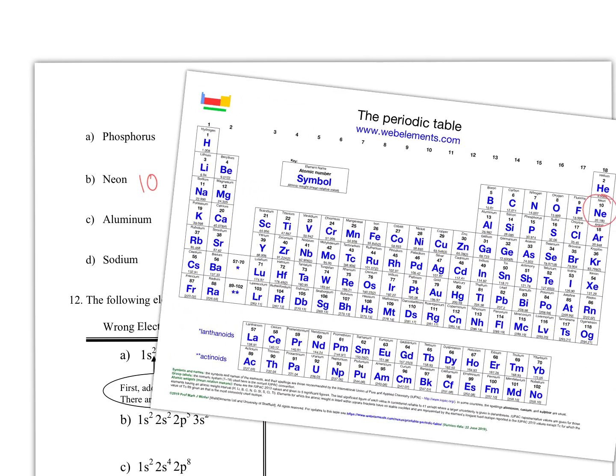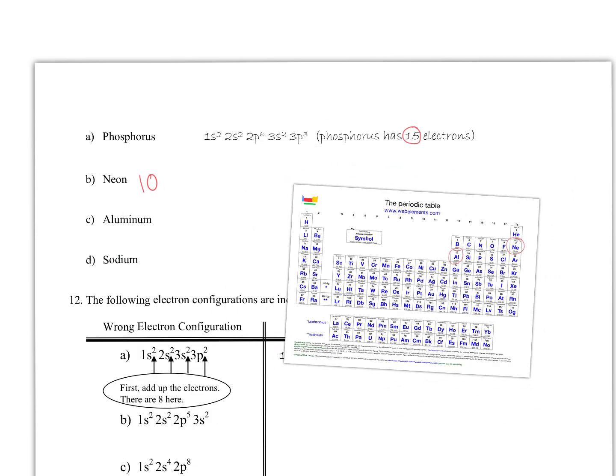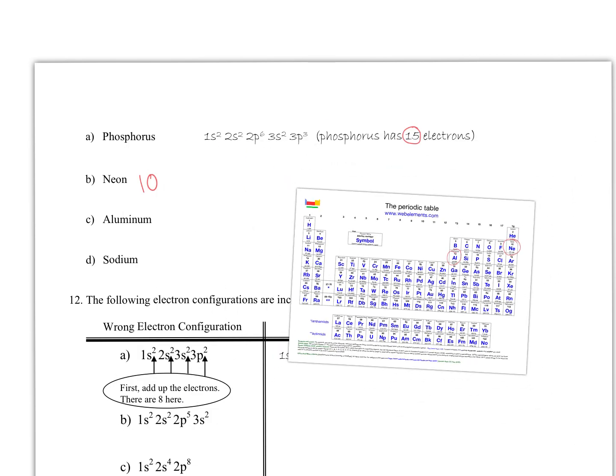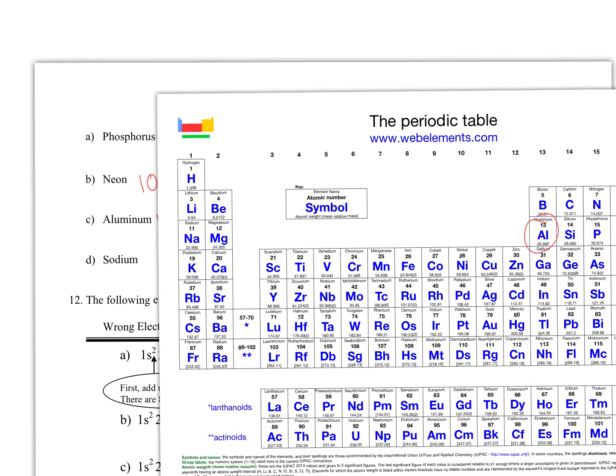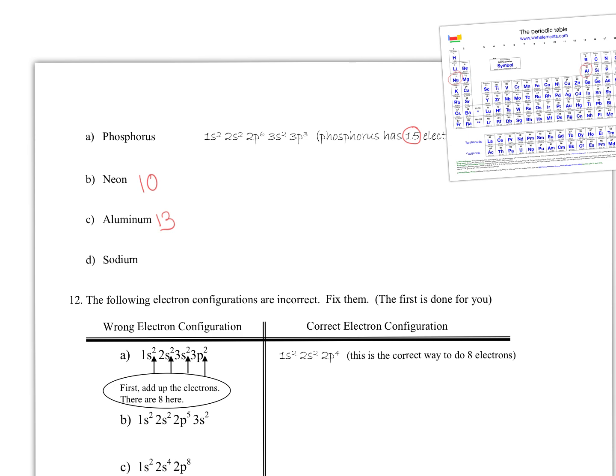Aluminum has 13, so we'll write that down. And then sodium is our last one. Sodium has 11.